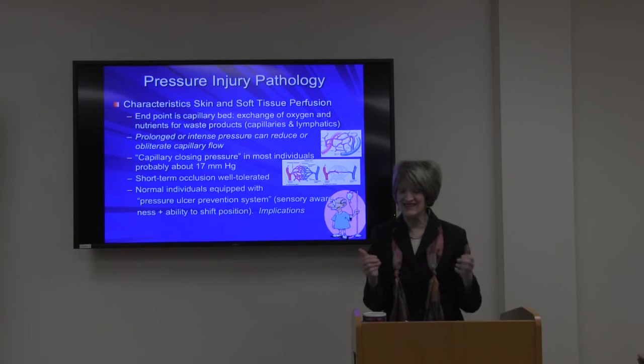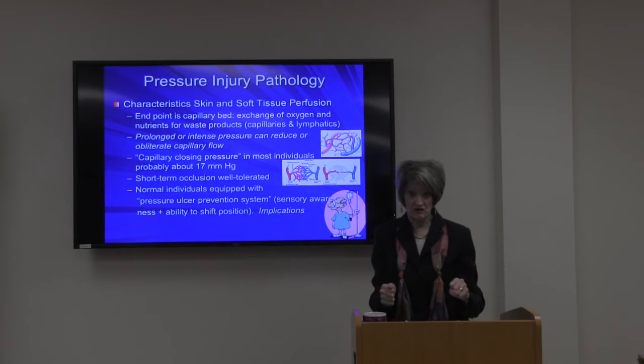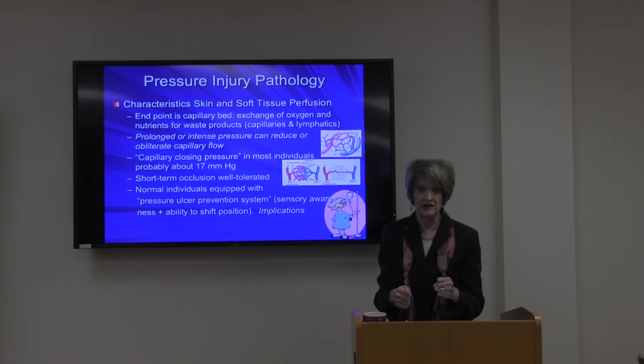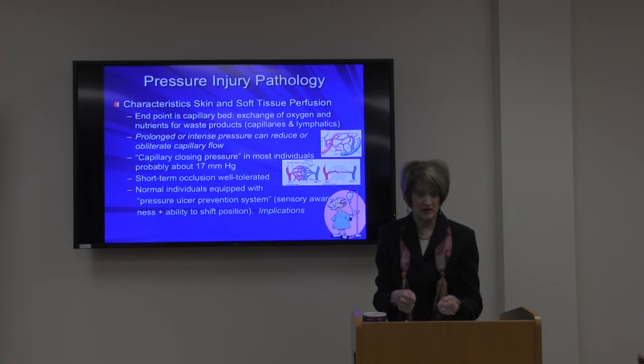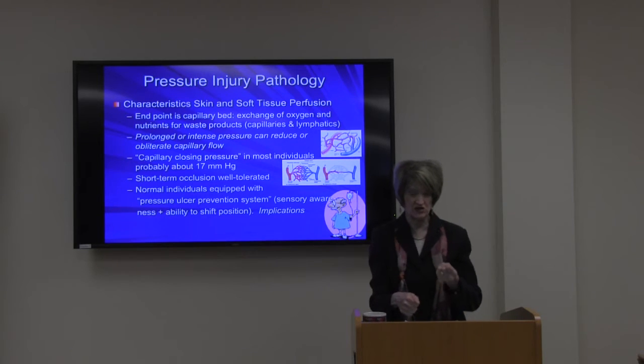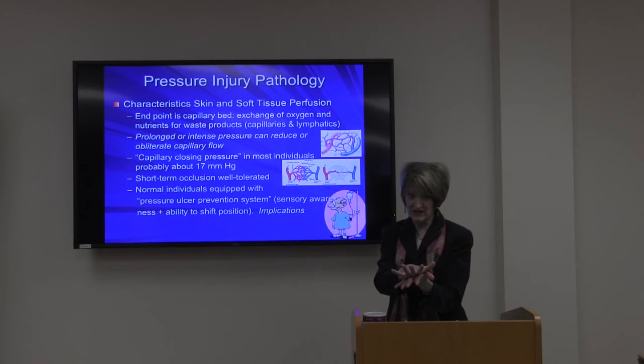So when a patient is sitting in a chair for a prolonged period of time, or if a patient is sitting on a very hard surface, like an x-ray table, even for a short period of time, think about what happens to those soft tissues. They get compressed. Think about what happens to the blood vessels running through the tissues. They get compressed.